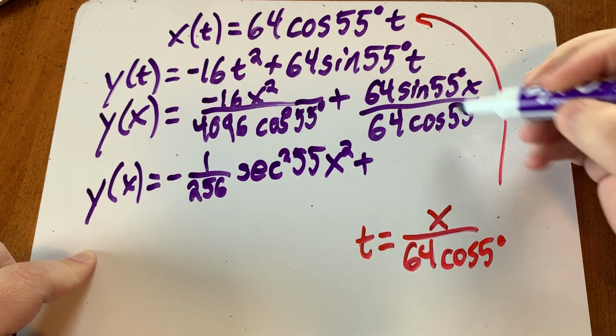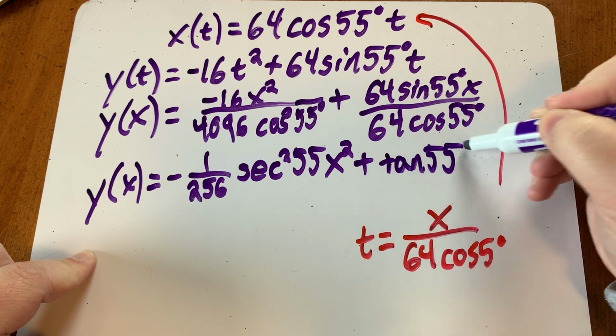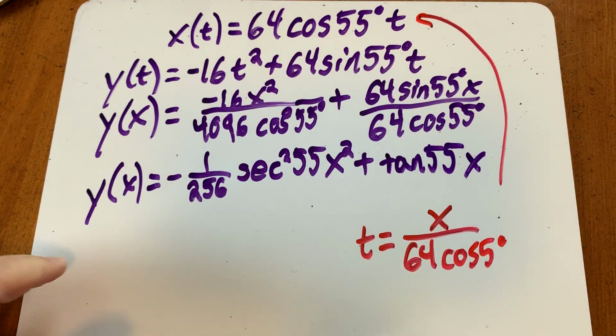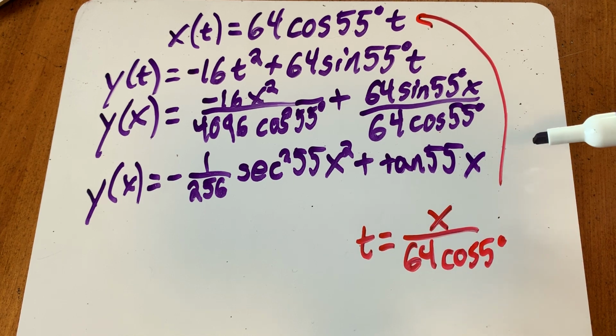Then the 64's divide off, and sine over cosine is tangent. So we could have that equation to model the actual path of the ball. If it's 12 feet beyond where you were standing, how high is the ball? That's what this would represent.